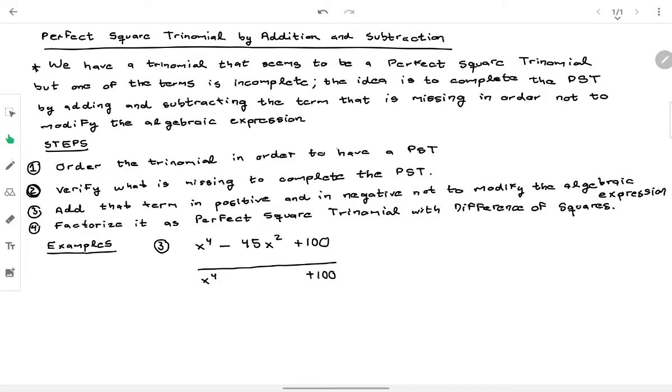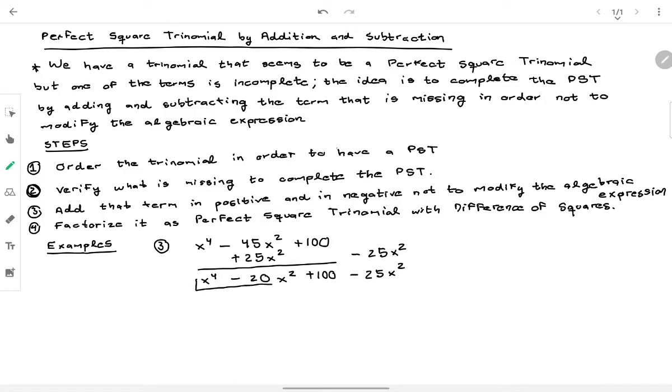So what I need is minus 20x squared. So in this case, to get from minus 45 to minus 20, I need to add 25x squared. But if I add 25x squared, I also need to subtract it, not to modify the original algebraic expression. So in this case, it's going to be minus 25x squared.